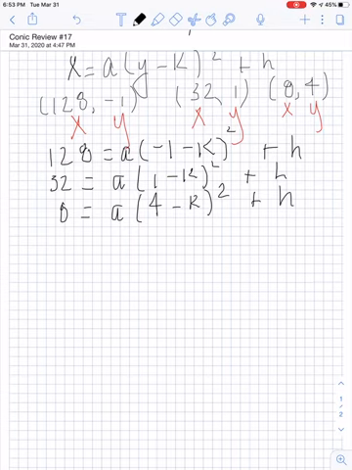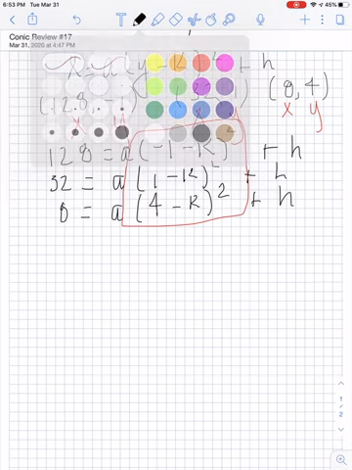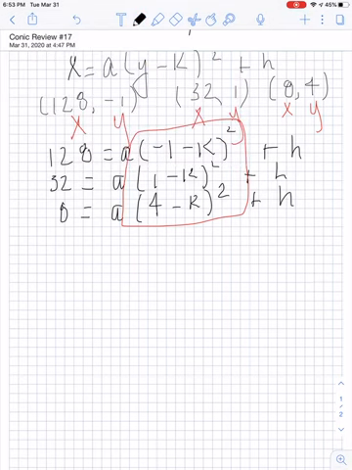Okay, so to save some time, what you need to do here is FOIL out all of the squareds, distribute a, and then add h. So take a minute to do that, and I'm going to write down those finished equations.